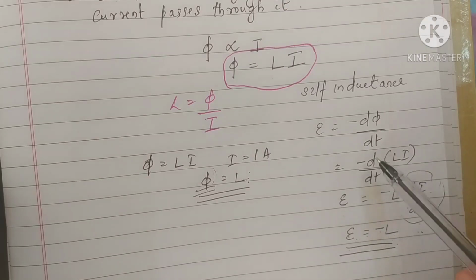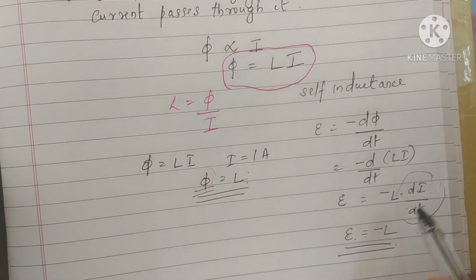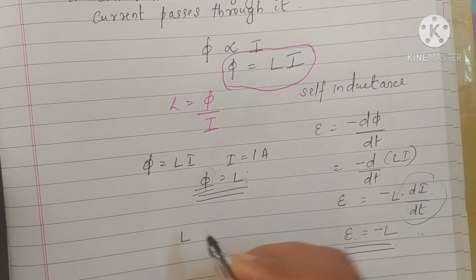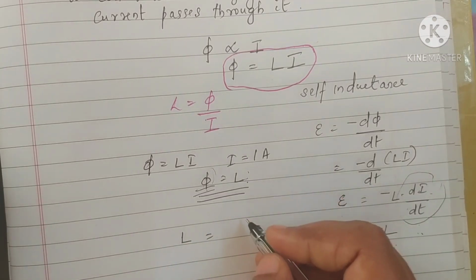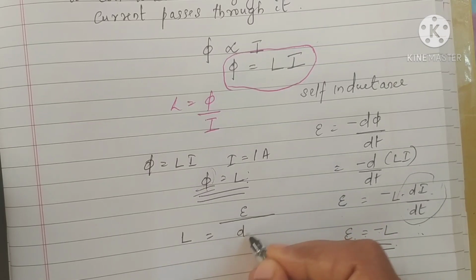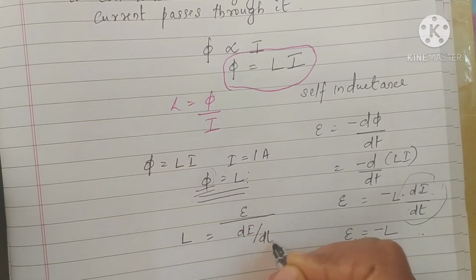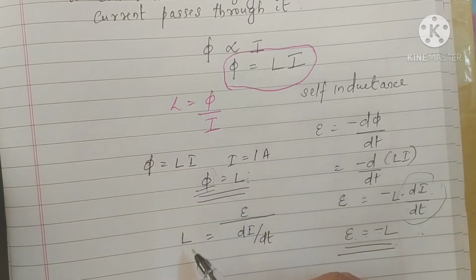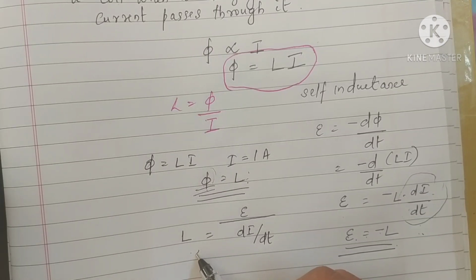From this equation you can write self-inductance L equals E, or EMF, divided by di by dt. So what about the unit of self-inductance?